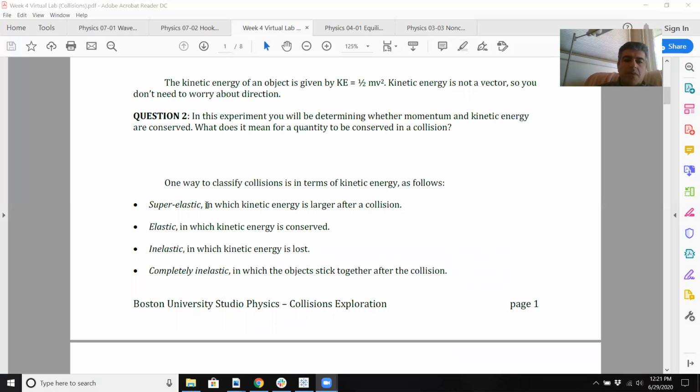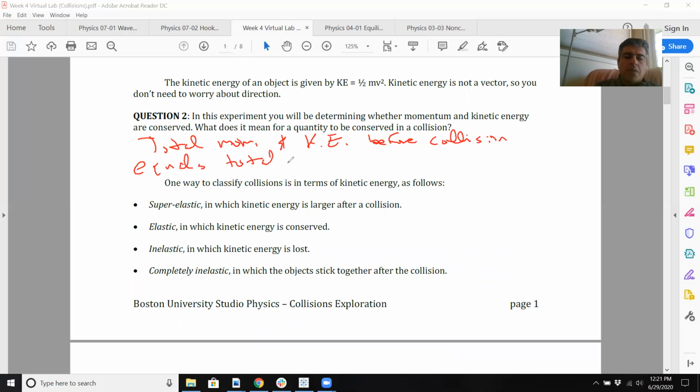It means that the total momentum and KE before collision equals the total momentum and KE after collision, just so you know. So before and after, you expect them to be the same.